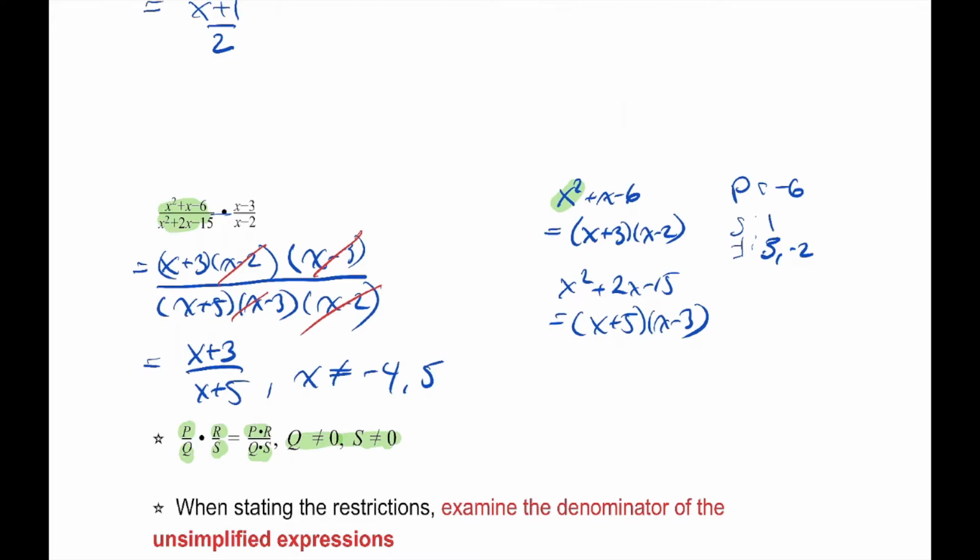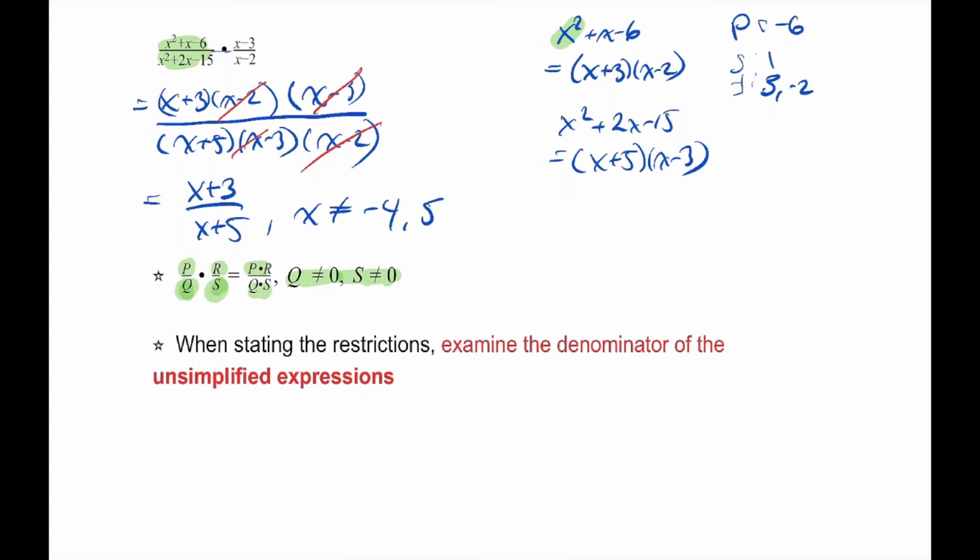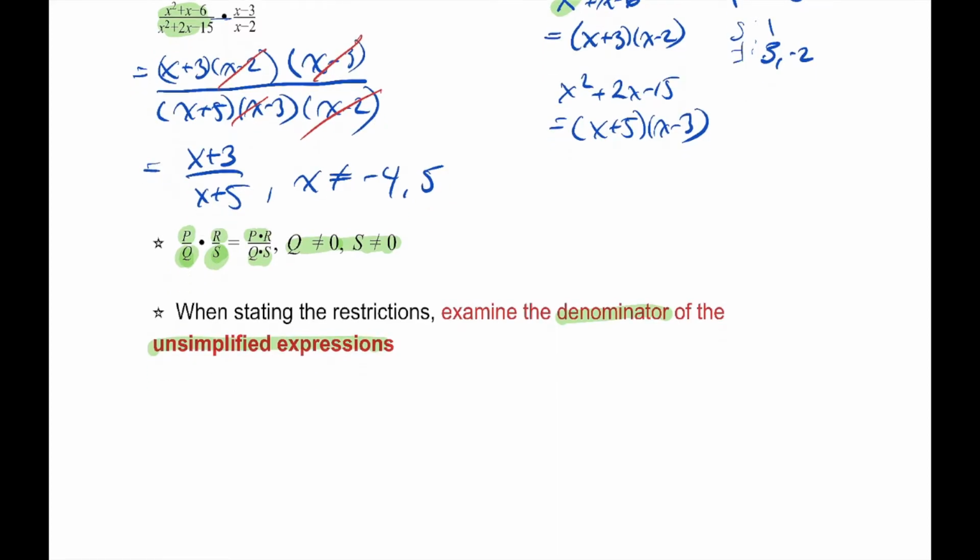In other words, we're looking at our denominators, and the denominators cannot equal 0 because we cannot divide by 0. So when stating restrictions, we examine the denominators of the unsimplified expressions. When I say unsimplified, that doesn't mean unfactored. It means we haven't reduced anything. Even when it's factored, it's still unsimplified, as long as we haven't reduced anything.